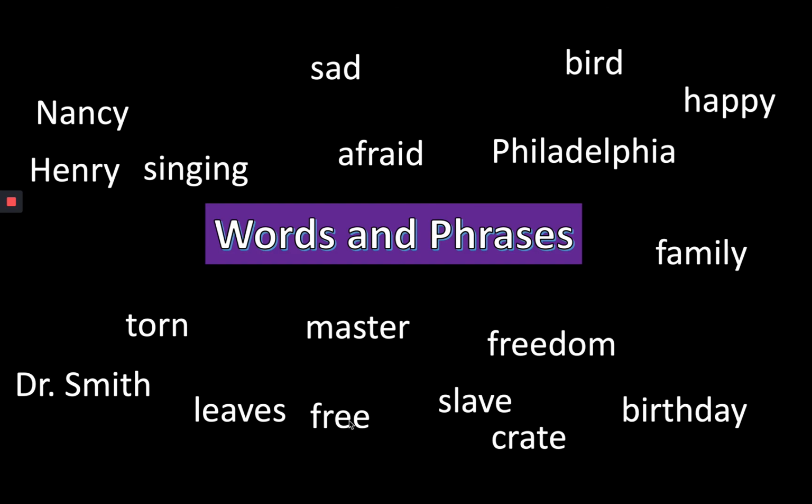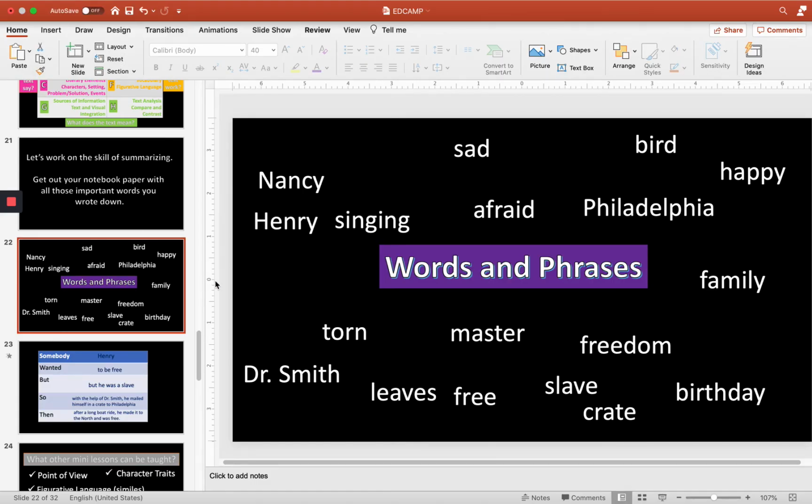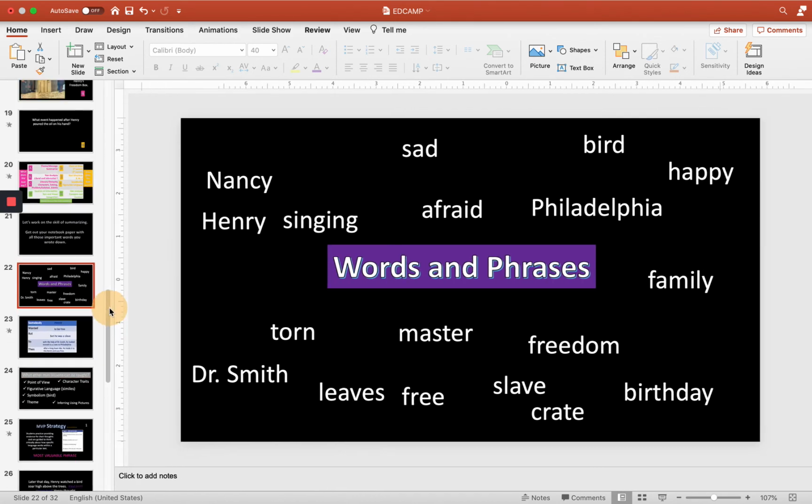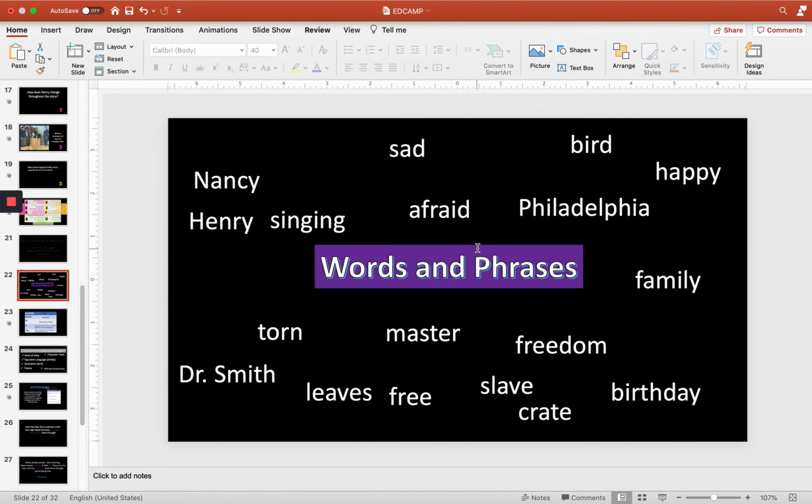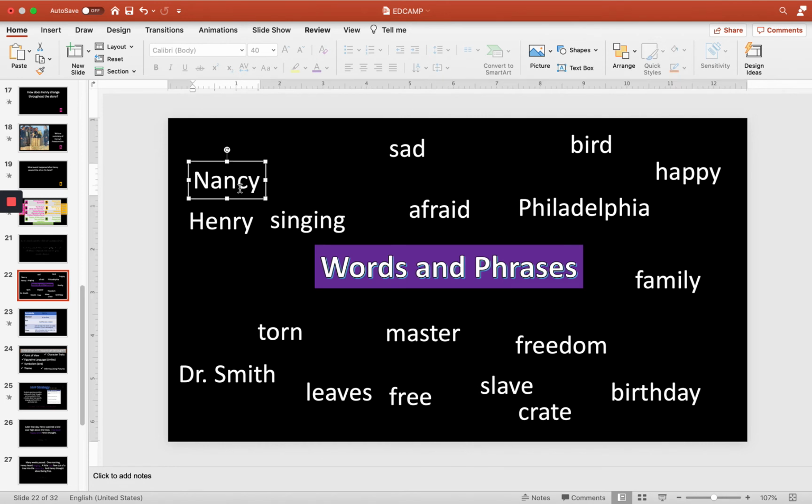I'll get that a little bit bigger for you. Something I like to do is play with words. So I had you write down words. Here's your new word box, and we're going to play with and manipulate some words. Now, if you're saying, my students can't read those words, well, then make pictures to go with the words.